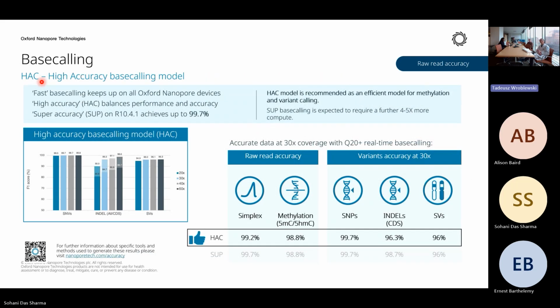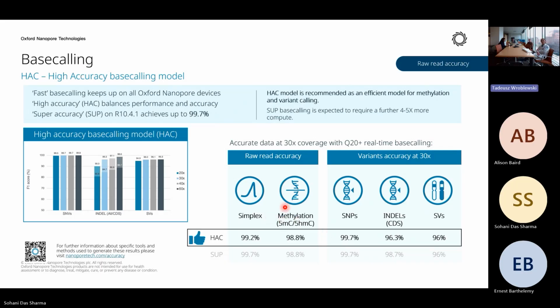So the base calling, this is what we did yesterday. It's called the high accuracy base calling model. For cfDNA, this HAC model would be sufficient, in my opinion. Which base calling model we want to use depends on what type of variant calling we want to do. For example, you can see the difference here.